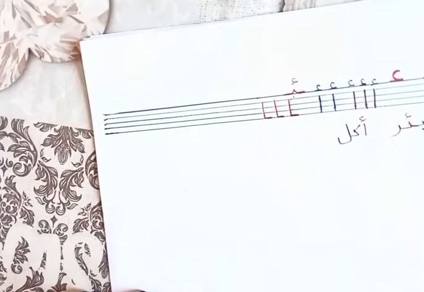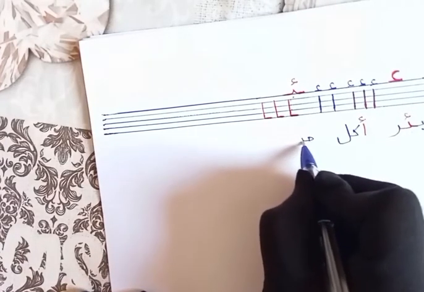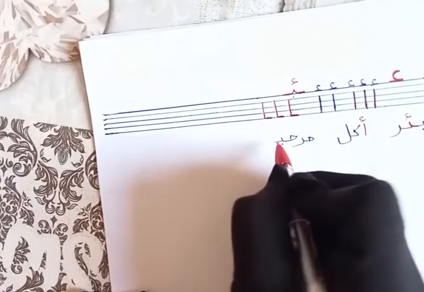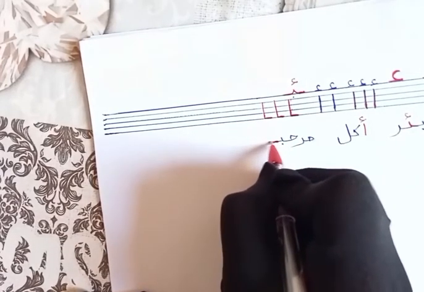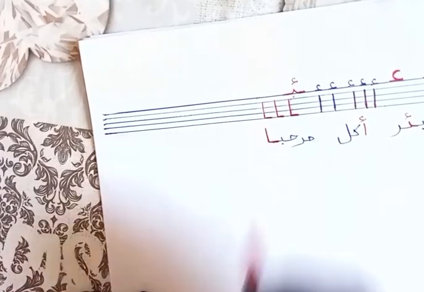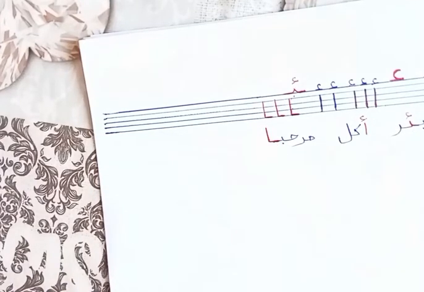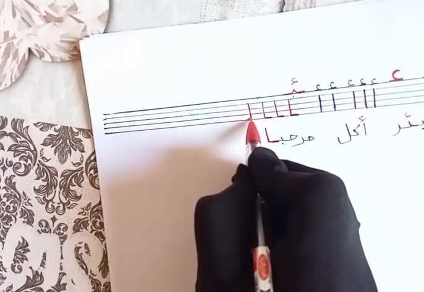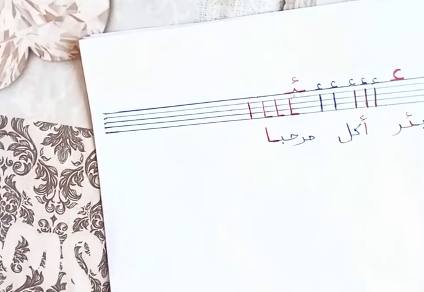Like in the example, marhaba, which means hi or hello. We have another ALIF by the end of the word, which is just a line without links, just a line, like this.